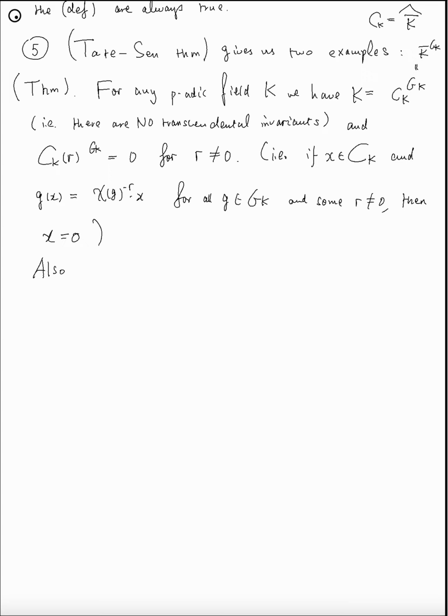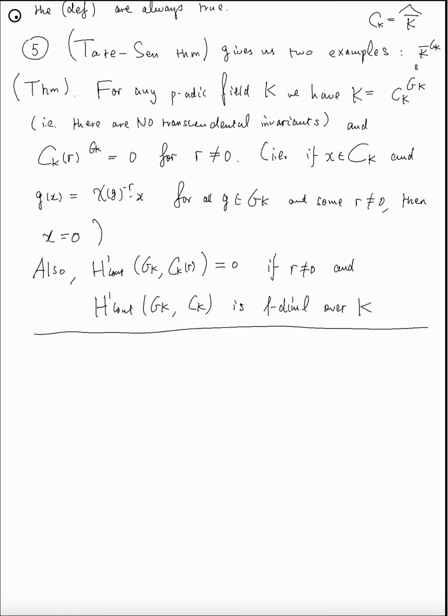Also, this theorem tells us that the first cohomology group of G_K with coefficients in the G_K-module C_K twisted by r is 0 if r is not 0, and the first continuous cohomology of G_K for C_K is one-dimensional over K. Recall that we have done an exercise before: this H^1 continuous classifies all semi-linear continuous representations when you put GL_n of some field B there.